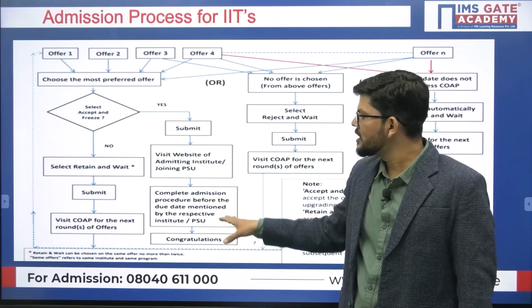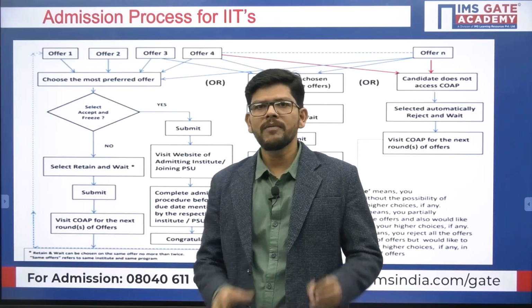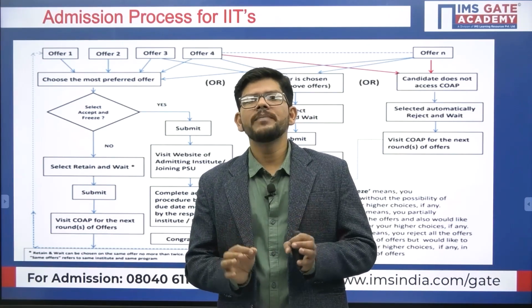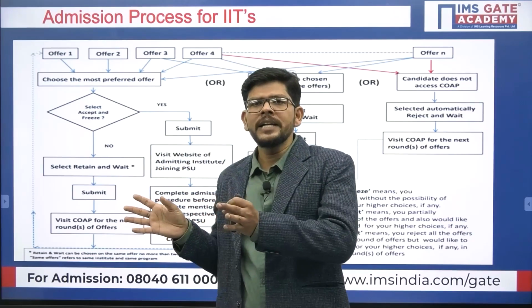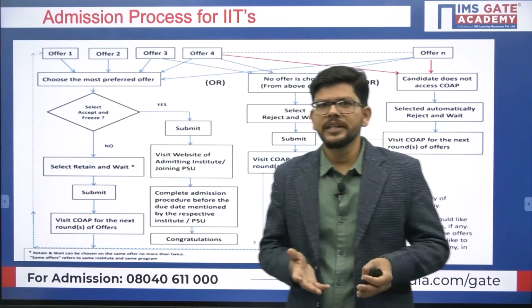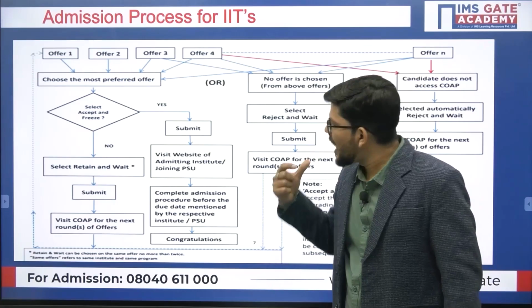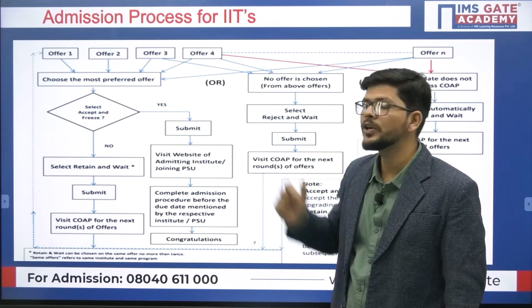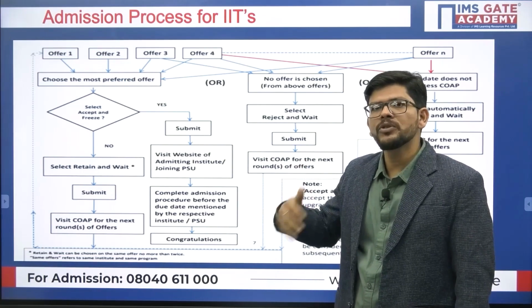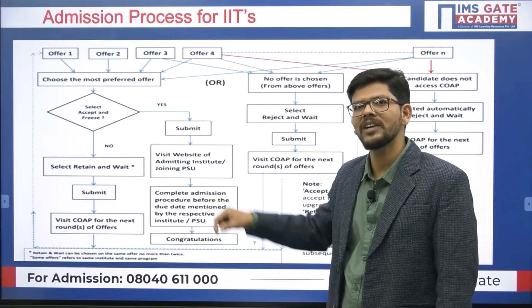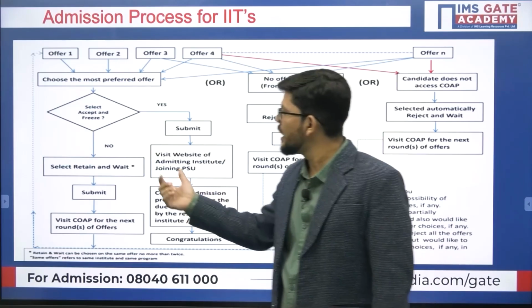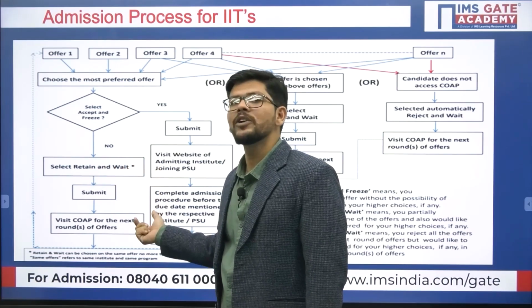Okay, you cannot participate in the other rounds because you have opted for a seat and your admission process is over now. Now you will be going to a particular IIT and doing the rest of the things. But if you partially like the offer given to you and you want to proceed for another round of counseling and you don't want to reject that offer also, then you can choose the retain and wait option.